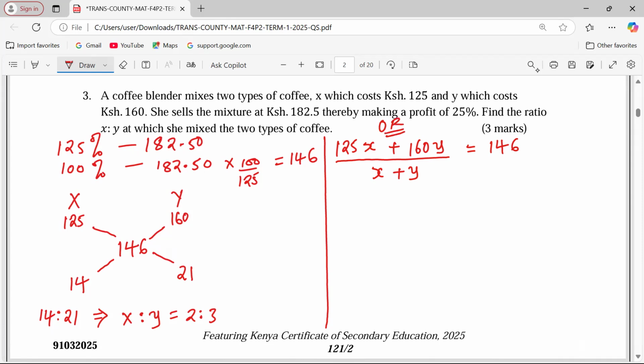A student can use this method where you say the total cost of this mixture divided by the total number of kilograms should give us the price per kilogram, which is 146.